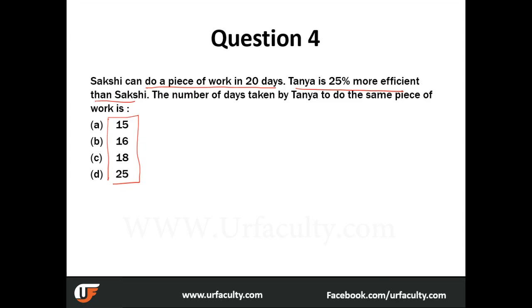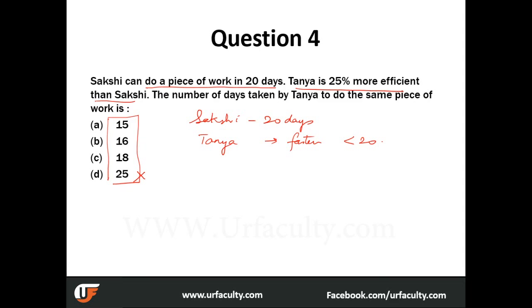So we have choices and we know that Sakshi can complete it in 20 days. So Tanya is efficient, right? So Tanya is faster. Is our understanding right? Which means Tanya is less than 20. So we can take this option off.